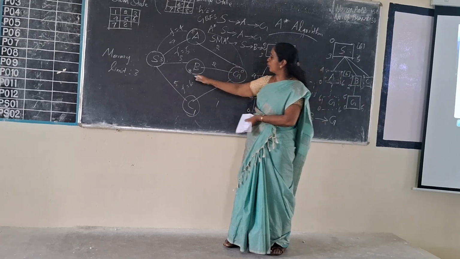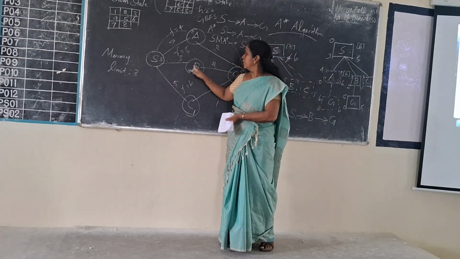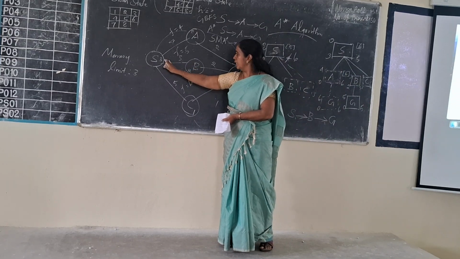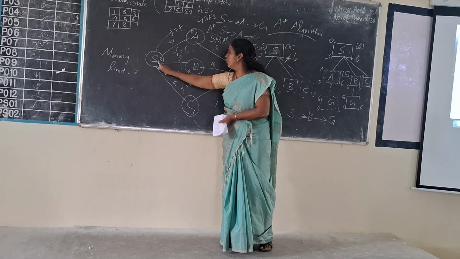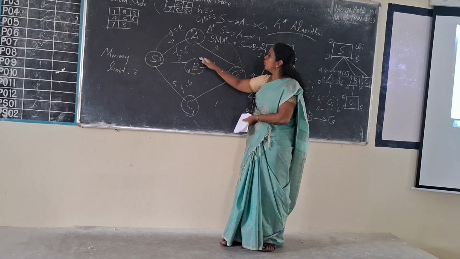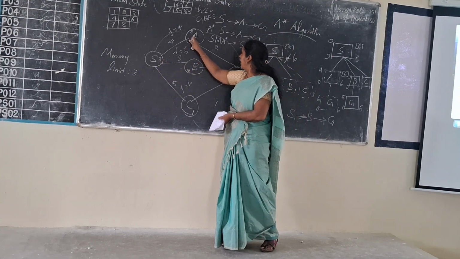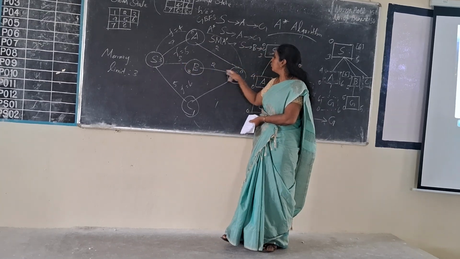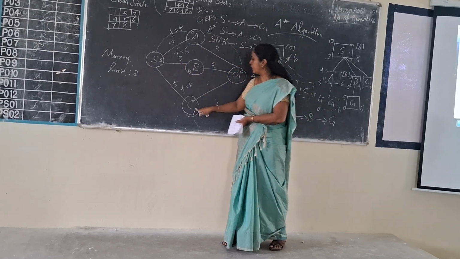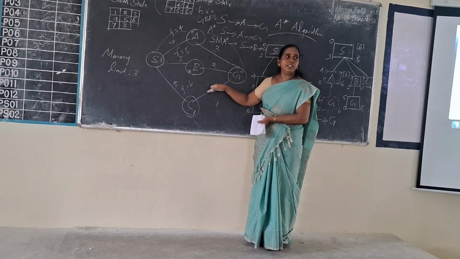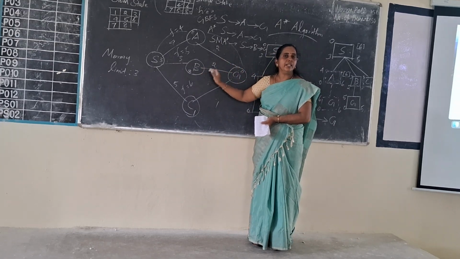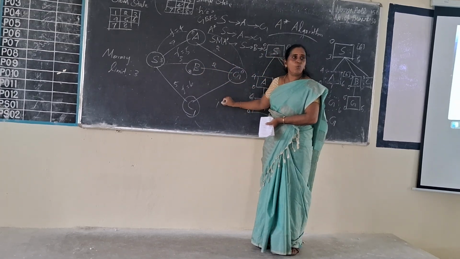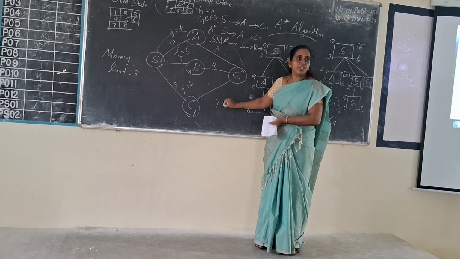Because here the solution path must take a maximum of nodes from S to G. There are 3 solutions: S to A then A to G, or S to B, B to G, or S to C, C to G. So all 3 possibilities have a minimum of 3 nodes in them.